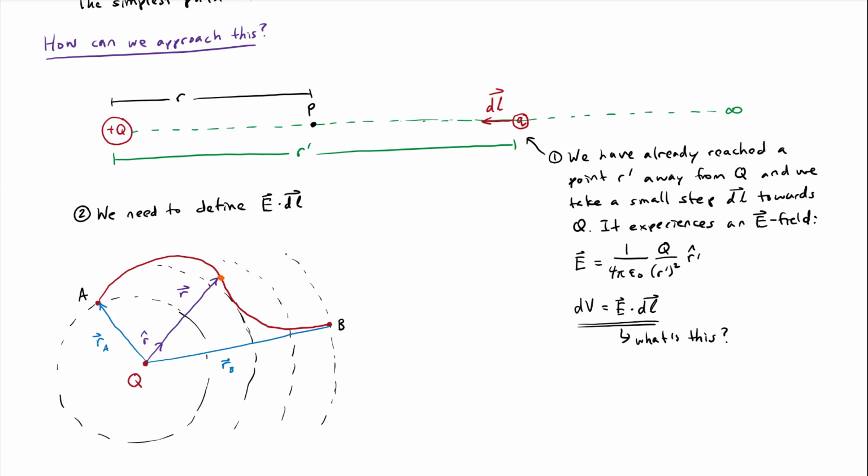So for our general case, in green, I'm going to draw this as the differential path element.